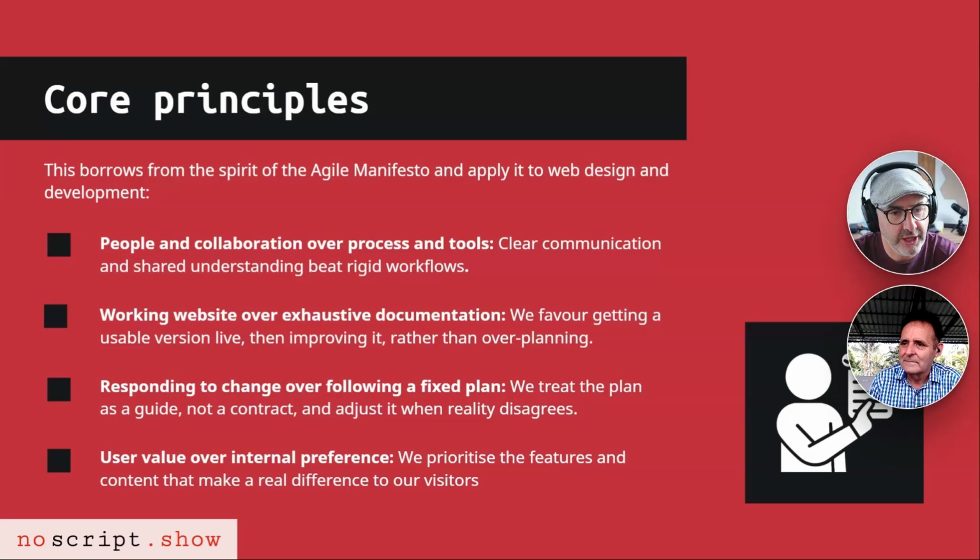I have thoughts on that. It's number 3. Responding to change over following a fixed plan. We treat the plan as a guide, not a contract, and adjust it when reality disagrees. And the final one, user value over internal preference. We prioritize the features and content that make a real difference to our visitors. Okay, back to you. It's just rewriting it really for web design rather than the original.